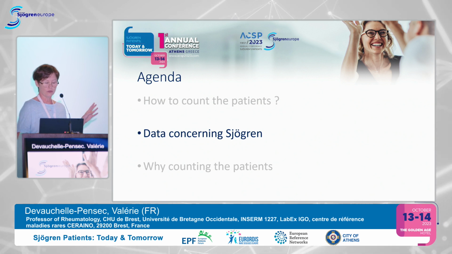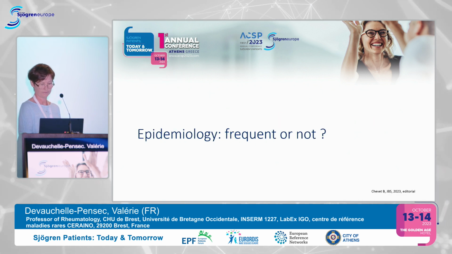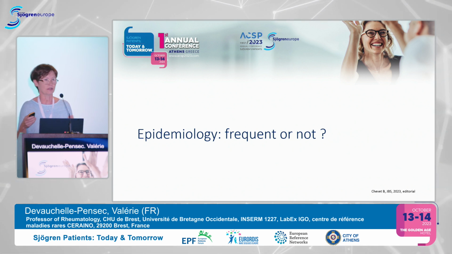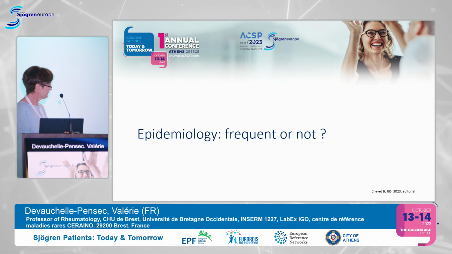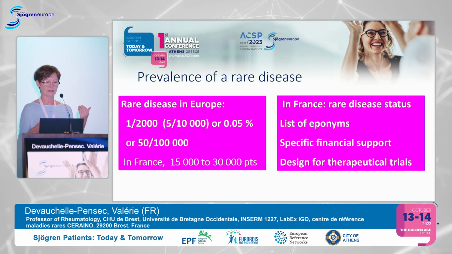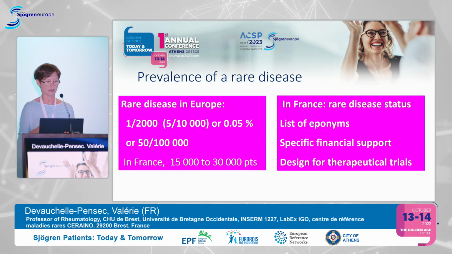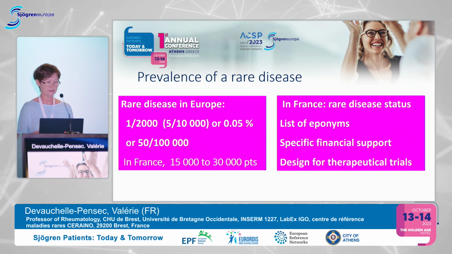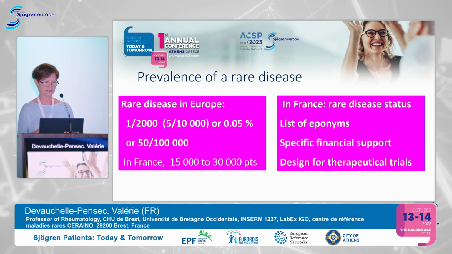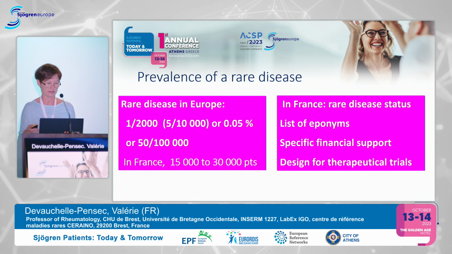Thank you. So for Sjögren, what do we know? Is it frequent, not frequent? Do we have some data? Just to remember, in Europe, the prevalence of a rare disease is 1 in 2,000. So you have to be below this level to be considered a rare disease.